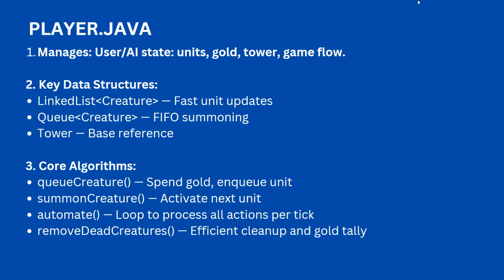The critical update method relies on real-time logic for player side, looking through the creatures and turrets, moving, checking for enemy, attacking, launching projectiles, and resolving death every game tick. Finally, remove dead creatures iterates through the creature list, efficiently cleaning up any that has died and rewarding the player with gold for it.